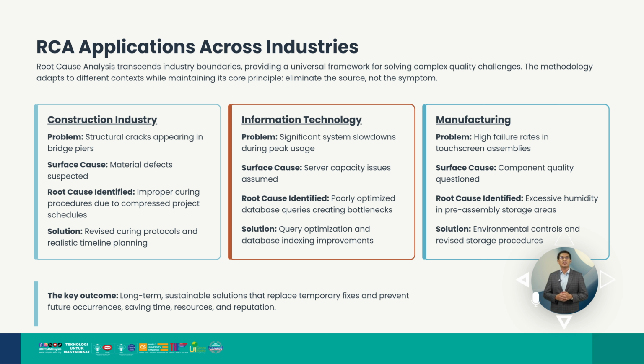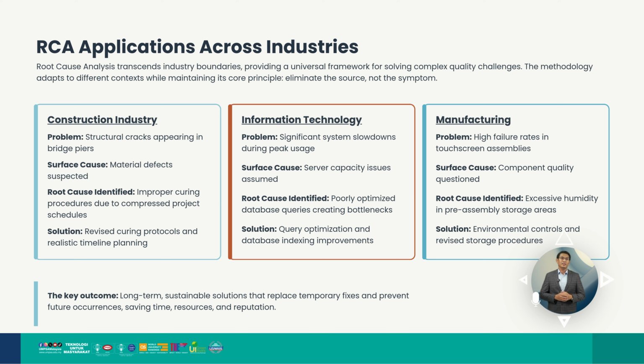In an IT project, system slowdowns in an enterprise resource planning implementation might be temporarily resolved by restarting the server. However, RCA may uncover that the database queries are poorly optimized and that the server hardware is insufficient for peak loads.